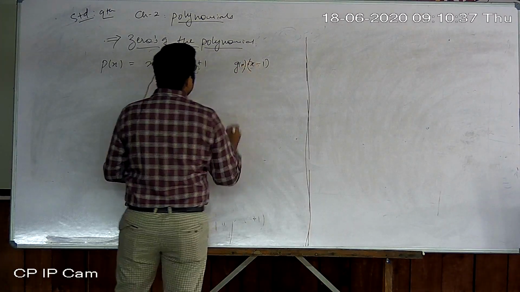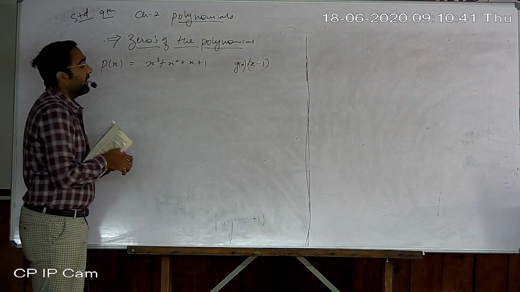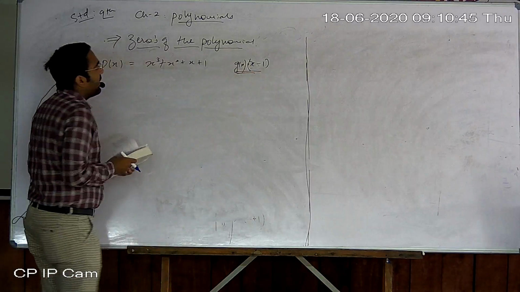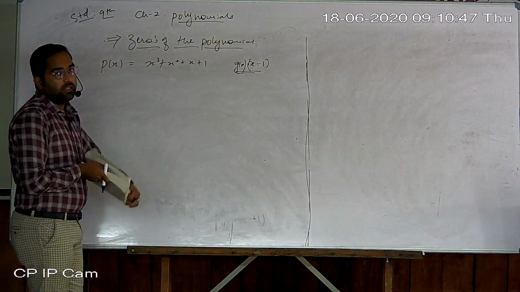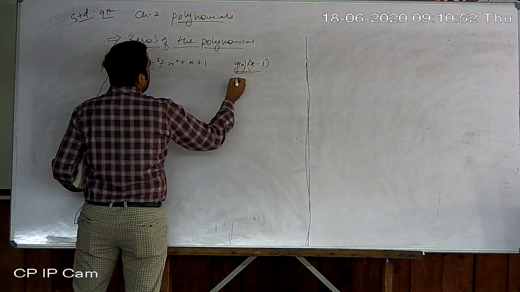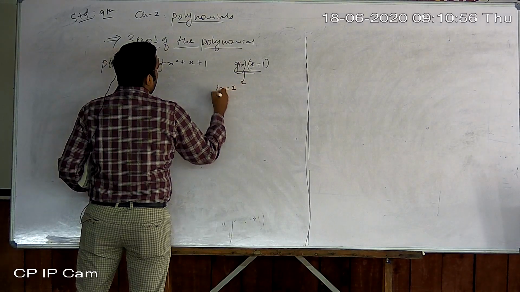So in this case, in the factorization method, we already learnt that when we take the value of x from the g of x, that is here my value is 1 for the x.